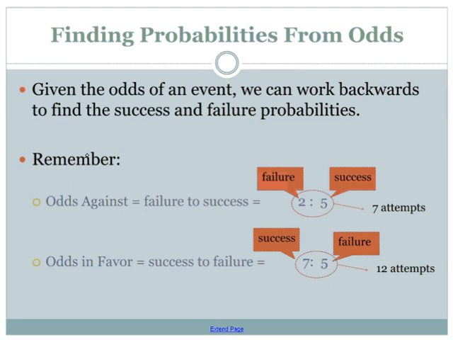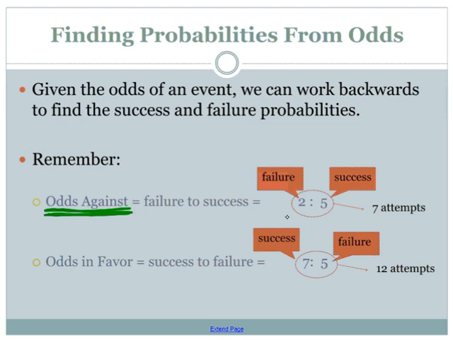Okay, so given the odds of an event, we can work backwards. If you go back and think about that horse race, or playing on the craps table and you see the odds, you can work backwards to your probability. If we're doing odds against, that's failures to successes.